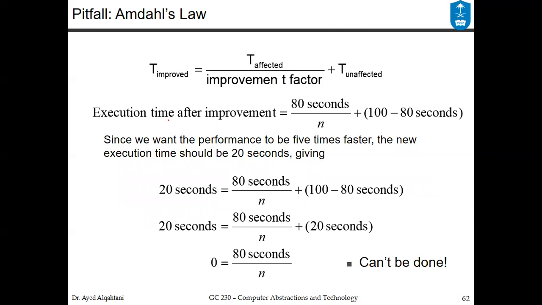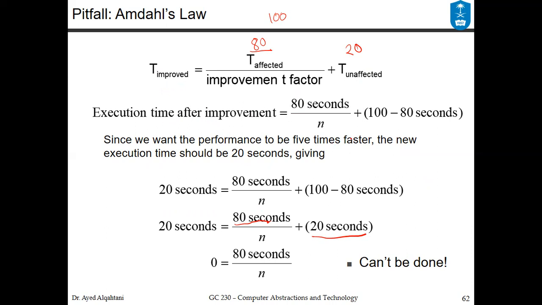We have that the execution time after the improvement is actually, now we have 100 seconds in total. So we know that 80 of them is the one that is responsible for multiplication, and the leftover is 20. So we have 80 and 20. Right now we are not sure if it's possible or not, but we want to run 5 times faster.